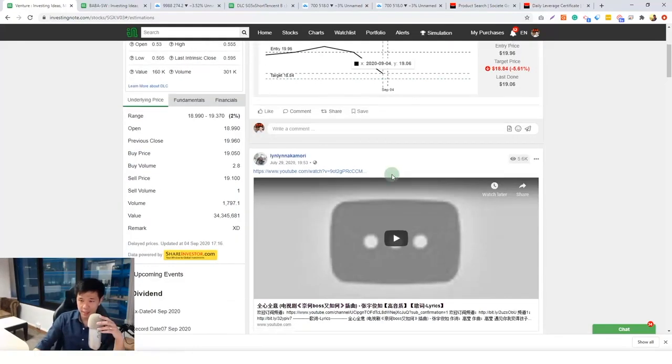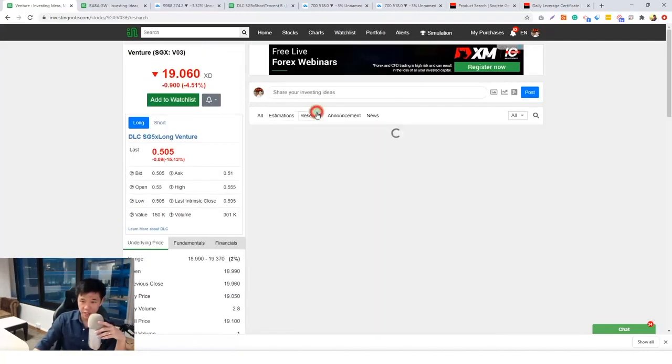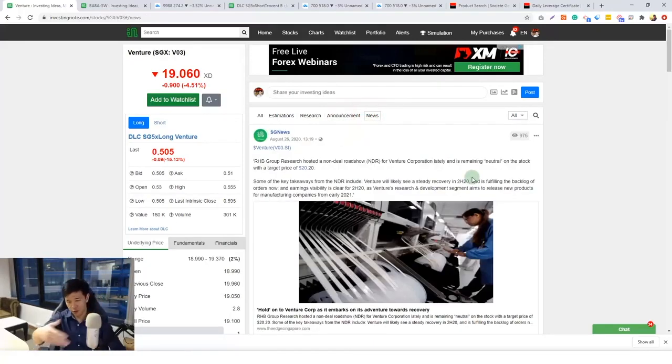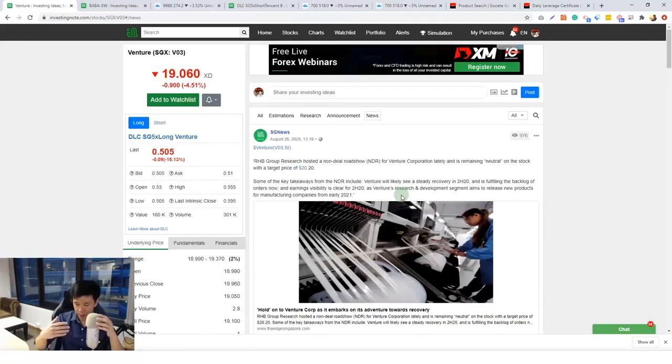We can see where people are expecting Venture to go. We can see the different research, the different announcements, and the different news for each underlying. This is very useful. This is one of the useful ways to use Investing Note to do your research on the underlying before you trade them on the DLC.